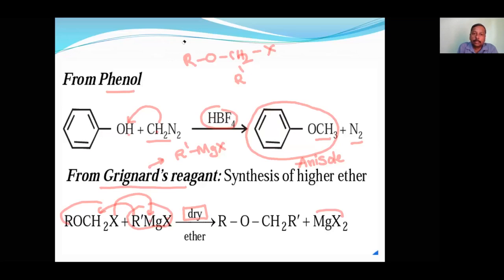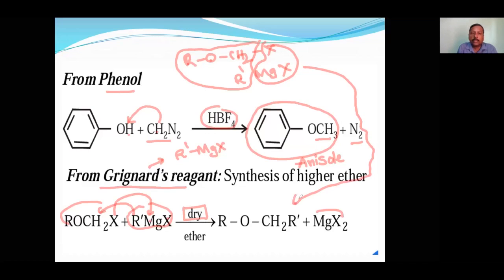Now the bonds will cut like this. So the first product will be ROCH2R dash and the second product will be MgX2. This is the way you will prepare ethers by this method from the Grignard reagent.